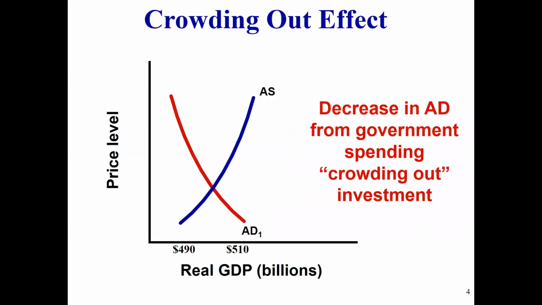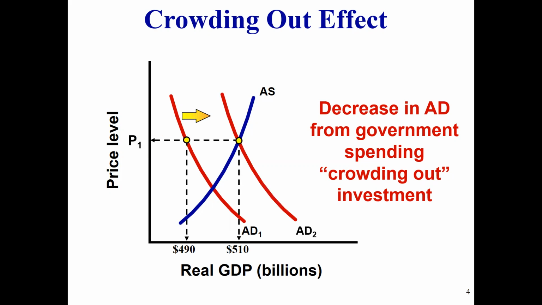All right. The second thing is the crowding out effect. We talked about this in class. So this is AS-AD. You're here and government spends. Government spending is going to shift AD to the right.